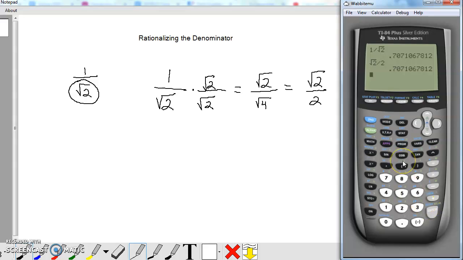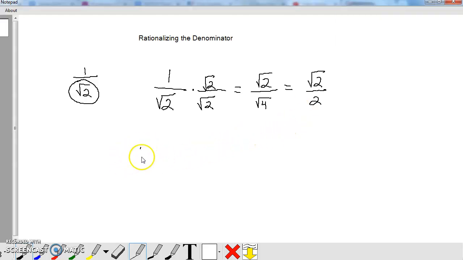The whole reason why we rationalize the denominator is that it's easier to divide something by a whole number than by an irrational number, so to speak. Okay, so let's try a couple other ones. How about 3 over radical 10?